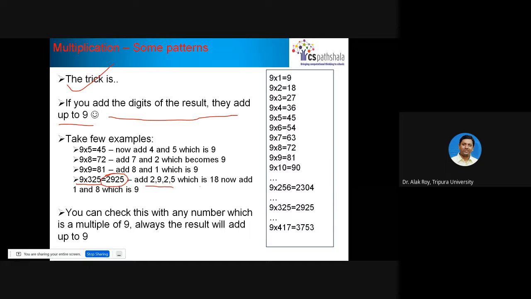Add all of them, you get 18, and again you add 1 and 8, you get 9. You can check this with any multiple of 9. Always the result will add up to 9 only. So in mathematics, there are lots of pattern examples you can find.